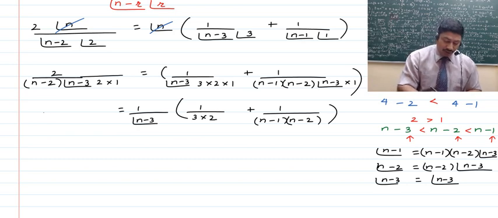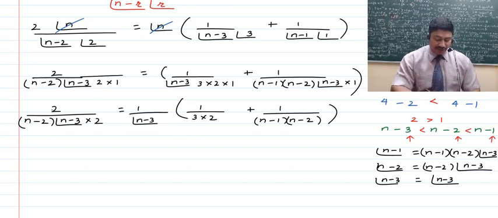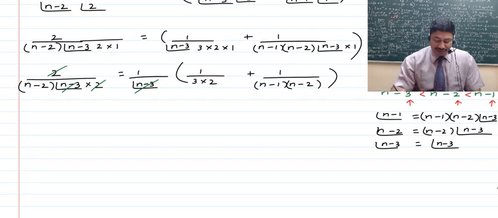Now on the left hand side, children, what do we have? We have 2 divided by n minus 2 times factorial n minus 3 times 2. So there are a few things which can be cancelled now. The 2 will get cancelled with the 2 in the denominator, and factorial of n minus 3 will get cancelled from the left hand side and the right hand side.